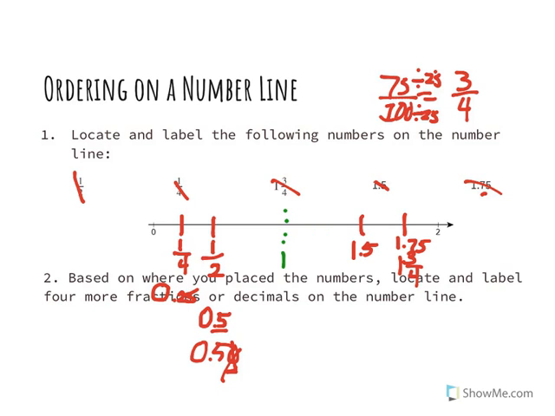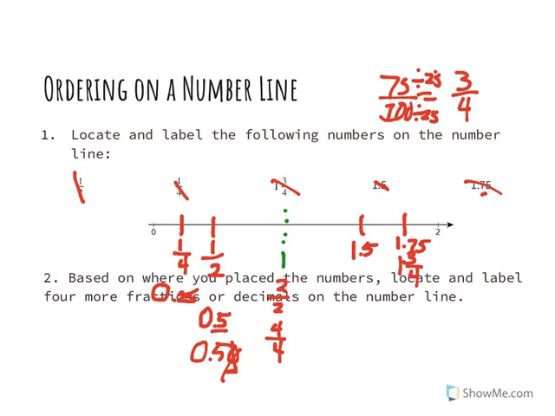What would be another way to say 1? Well, we've divided into fourths so far, or you can even think of it as halves. That'd be 2 halves or 4 fourths. Okay, let's go ahead and place another one on here.